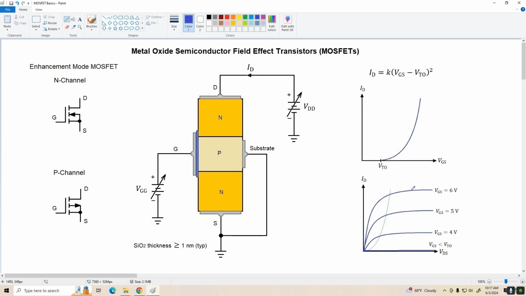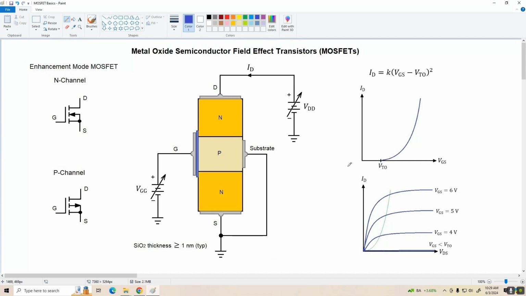This is the saturation region for the FET, and this is called the ohmic region because in this region the drain current is more or less linearly related to VDS and VGS. And we'll talk about that more in other applications as well.